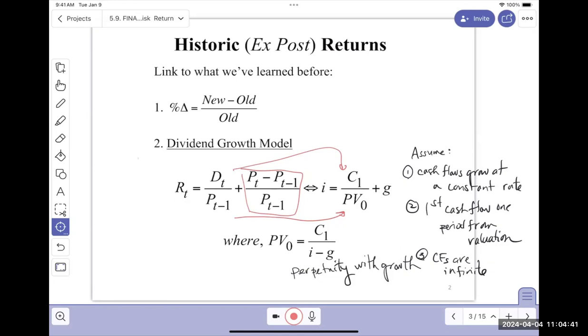So if that's the case, this is C1, this is the original price, and this capital gains yield is G, then R is just simply the interest rate. So you would do this if you have the market information and then any sort of announcement by the firm about their prospective earnings or growth.